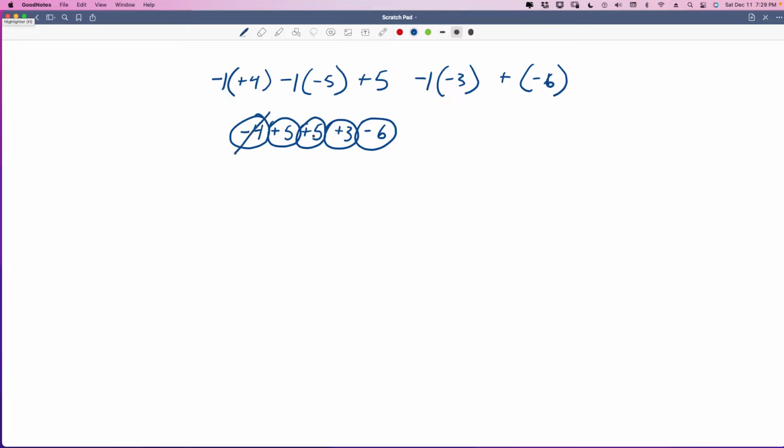So we could actually say -10 and +10 cancel each other out, and the answer is a +3 because that's all that remains. If we took it more slowly, we would say -4 plus 5 is a +1, plus 5 is a +6, plus 3 is a +9, minus 6 is a +3. Same answer, we just went around about it a different way, right?